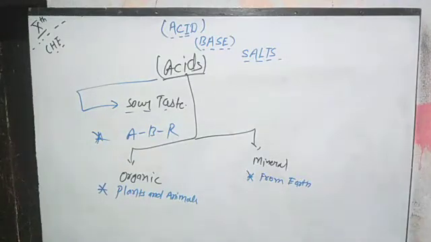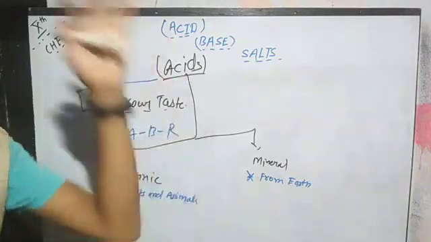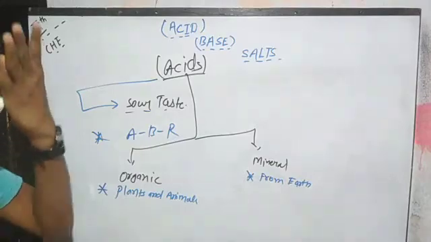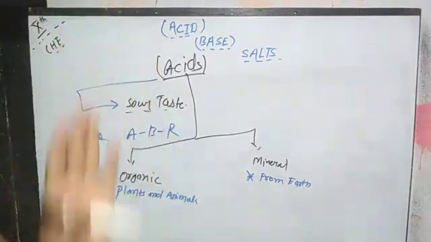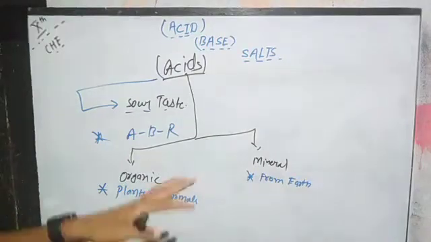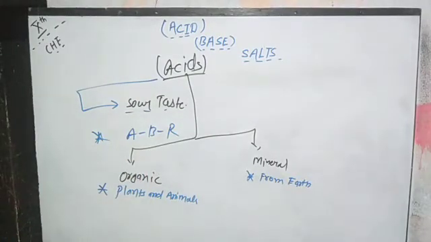As for example, we knew that whenever there is any metal, it is obtained from the natural ore, like that only. Mineral acids are taken out from the minerals which are present in our earth or in our land regions, mostly terrestrial regions.